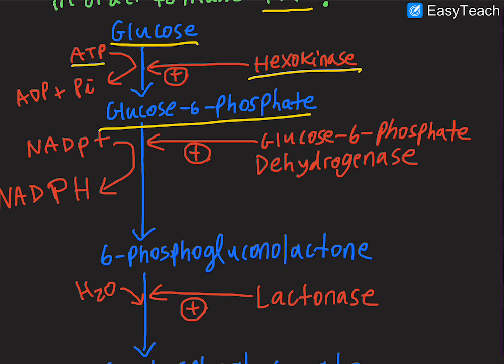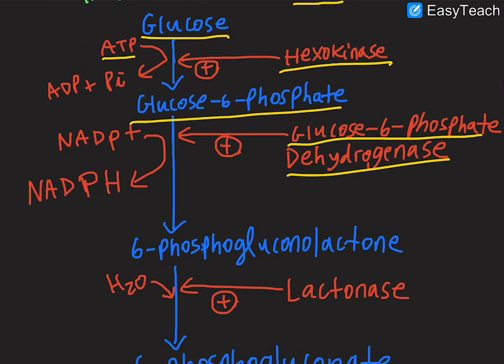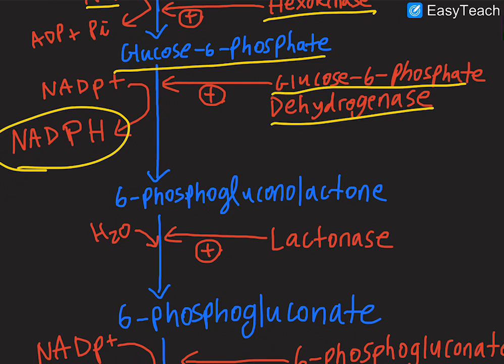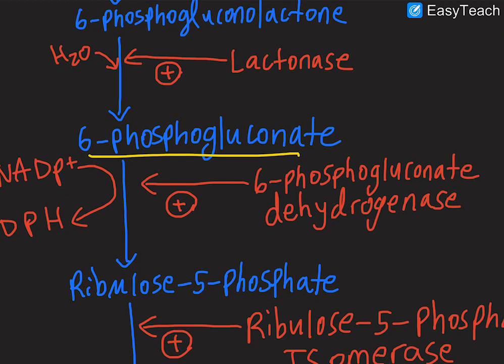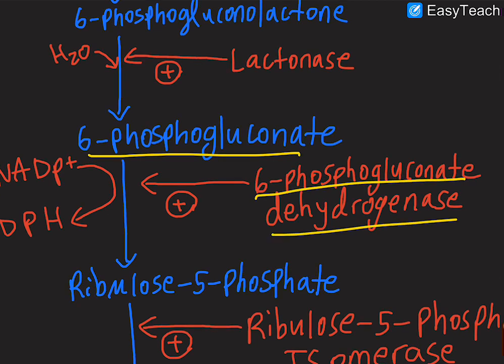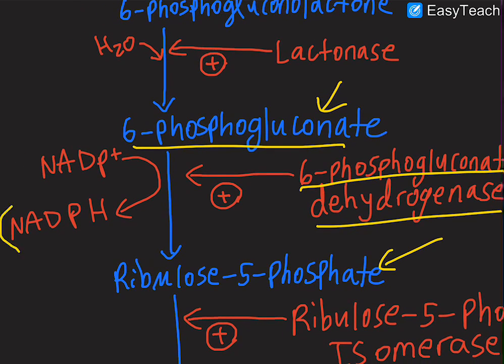After we have glucose 6-phosphate, we can use an enzyme called glucose 6-phosphate dehydrogenase, and in this step we make NADPH. So we go from glucose 6-phosphate to 6-phosphogluconolactone. Then we can use a lactonase enzyme to make 6-phosphogluconate. After that, we can use 6-phosphogluconate dehydrogenase, which converts 6-phosphogluconate into ribulose 5-phosphate, and in that process we make NADPH.